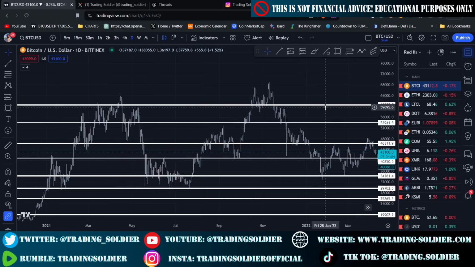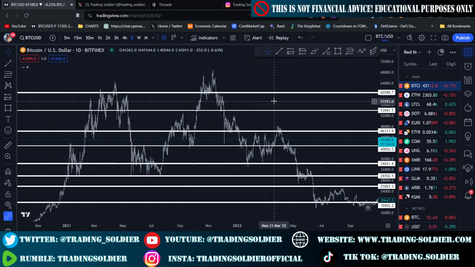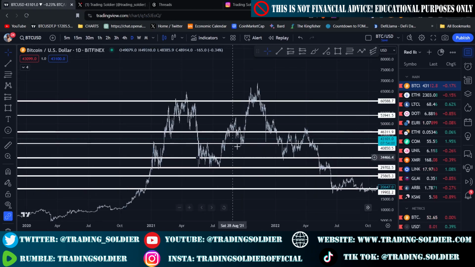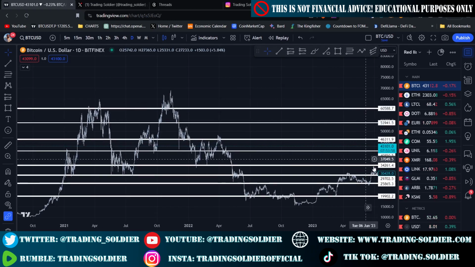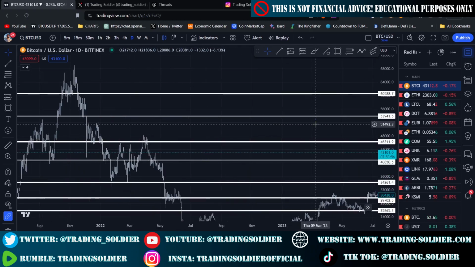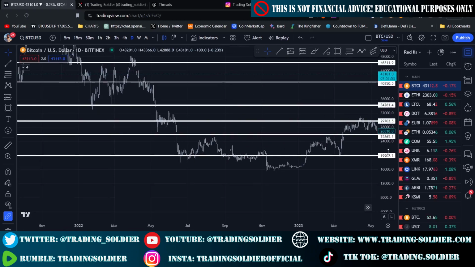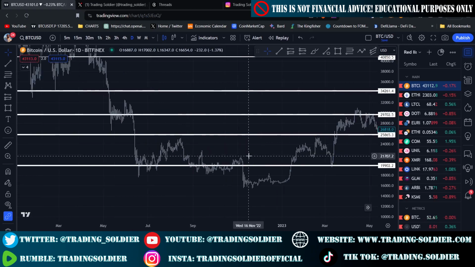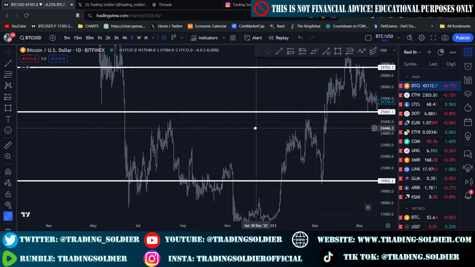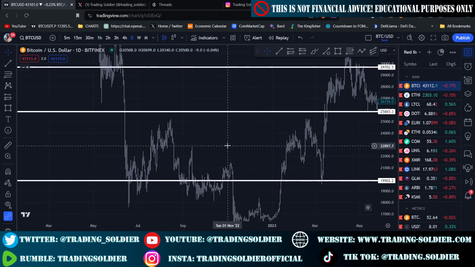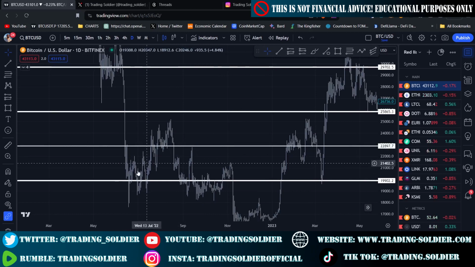I know that this is the same color, so maybe it's confusing, and I'm just using the boldness of the lines to differentiate the support and resistance levels, but I know that the idea is pretty clear. Also here, you can find another support and resistance area. For example here, the price is acting as resistance, then support, broken, resistance again, then support, broken.